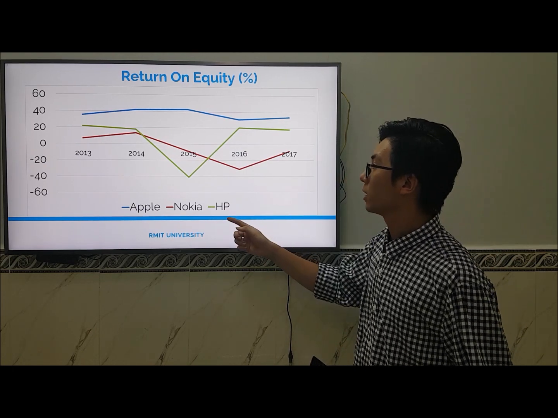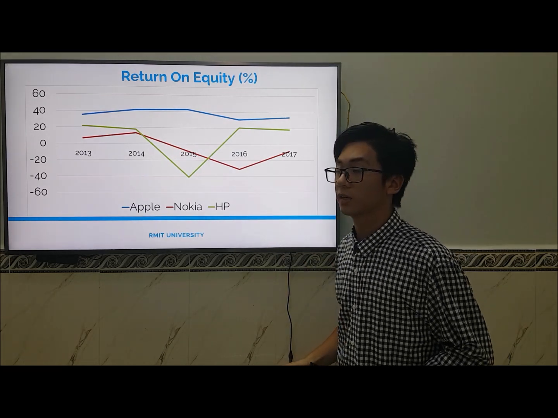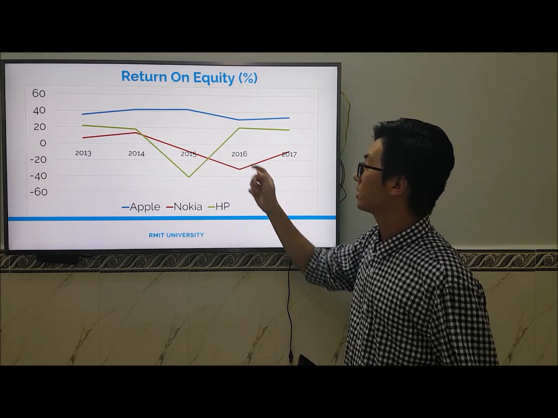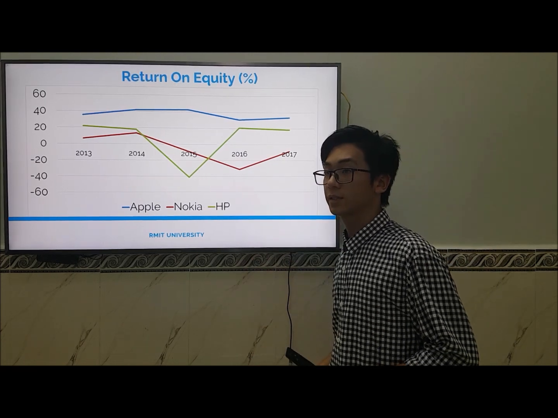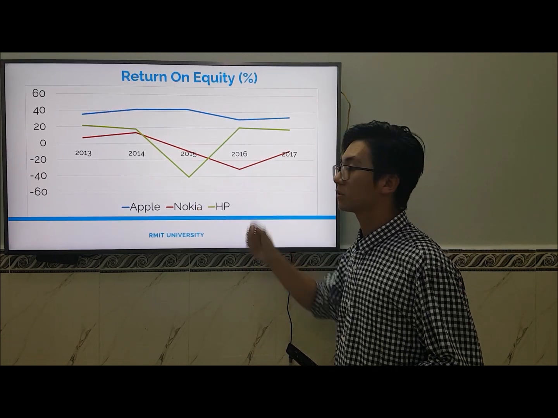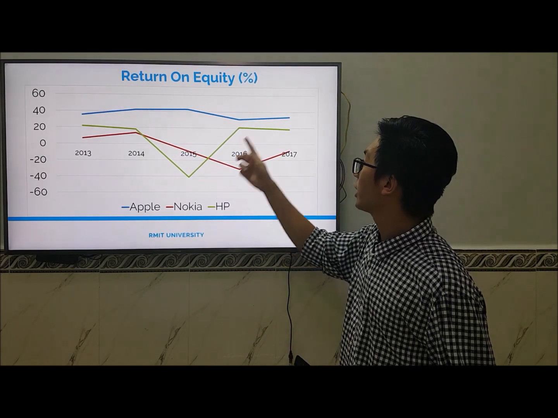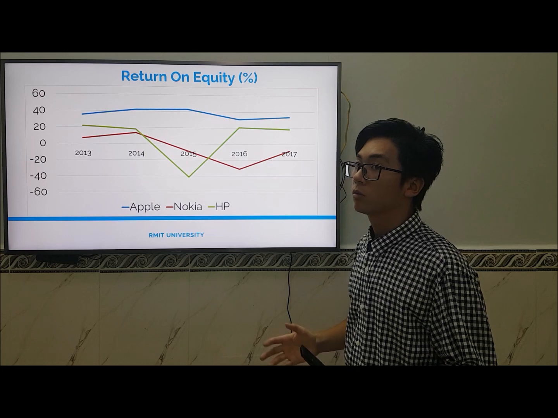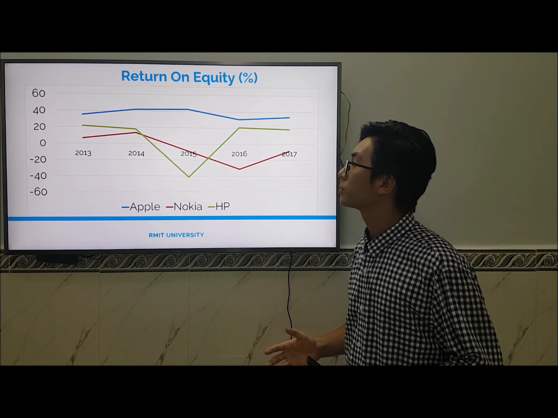Nokia and HP both decreased dramatically in 2015 and 2016. HP dropped to -40% and Nokia dropped to -30%. They both increased right after that, but compared to Apple, it's too little.